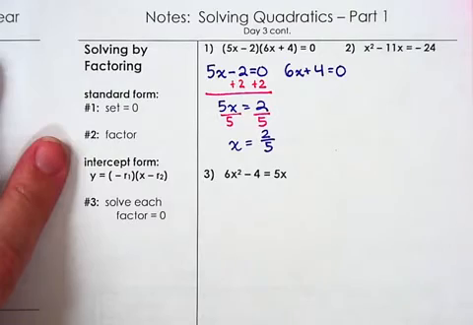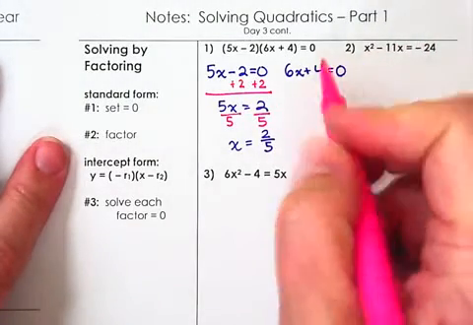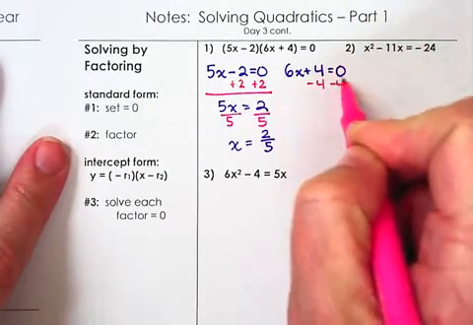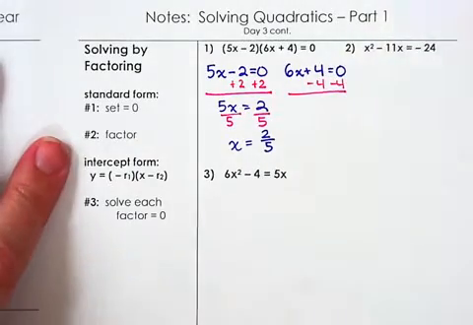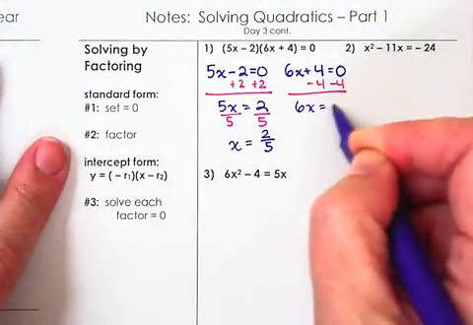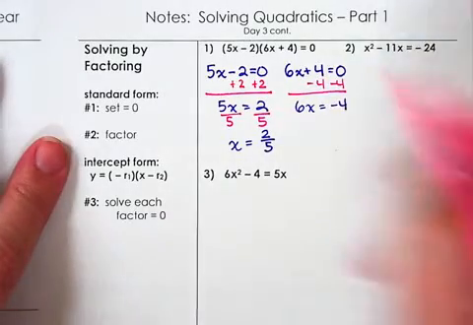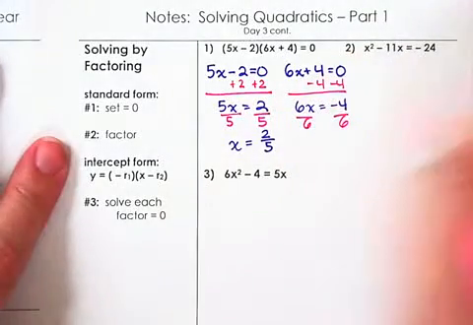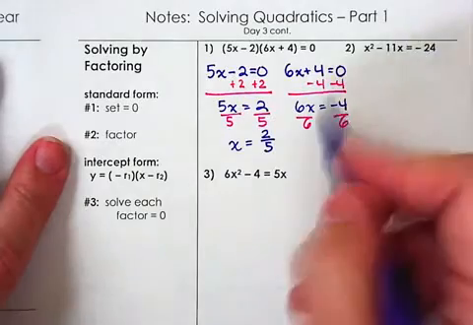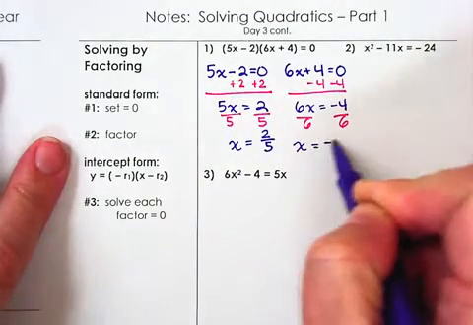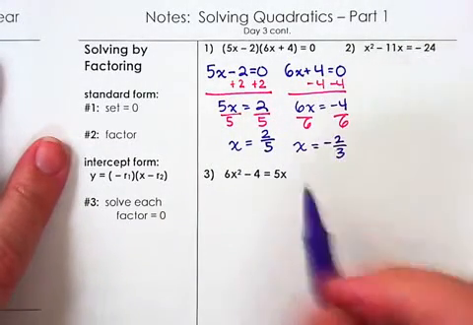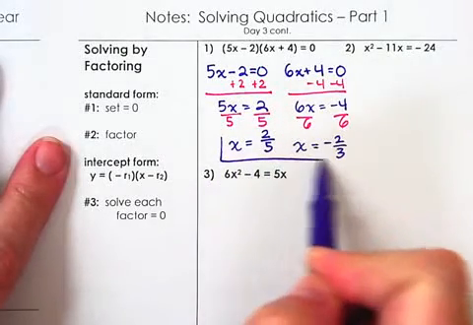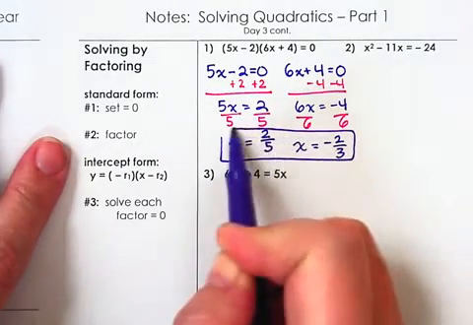Then we can do the same thing to the other. Set up the other equation, so minus 4. 6x equals negative 4, and then divide by 6 and reduce that fraction, so x equals negative 2/3. So there are the two solutions, 2/5 and negative 2/3.